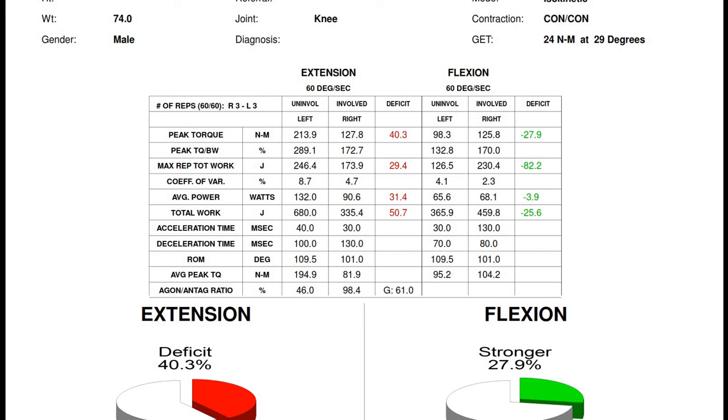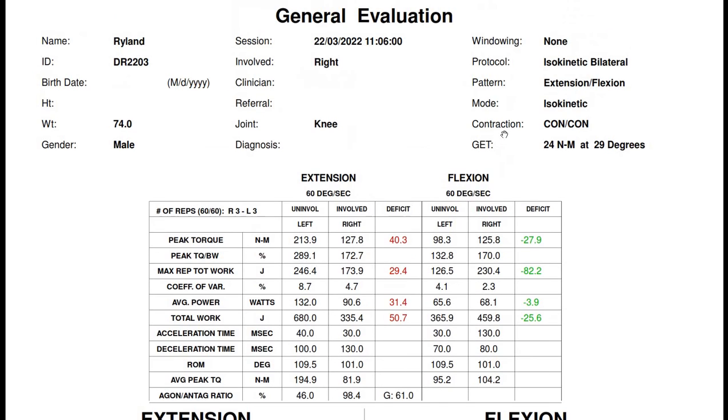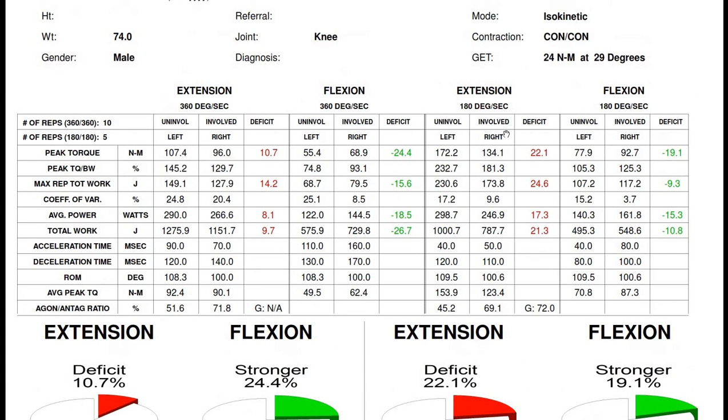You're trying to avoid engaging the muscle, so you still have to maintain joint stability, and it's possible that this increase in strength here has come as a product of that very thing.